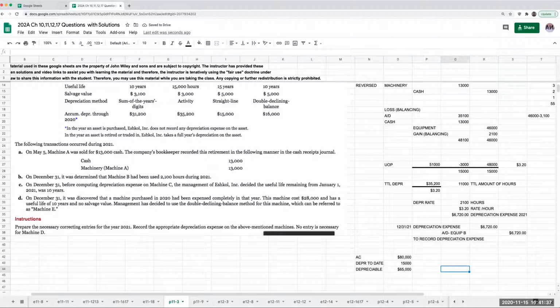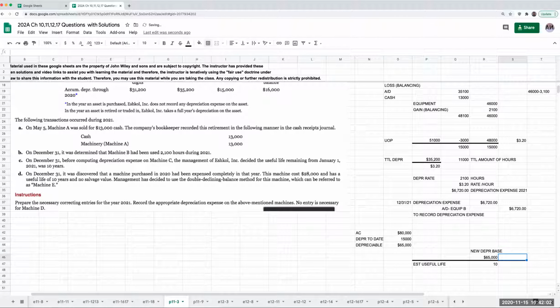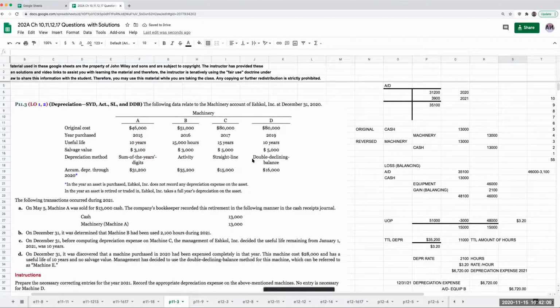And so over here, what I would do is say, okay, the new depreciable base is going to be 65 grand. I'm going to be dividing this by my estimated useful life, which is going to be 10. And this here is my salvage value. My salvage value for this one here is 5,000.